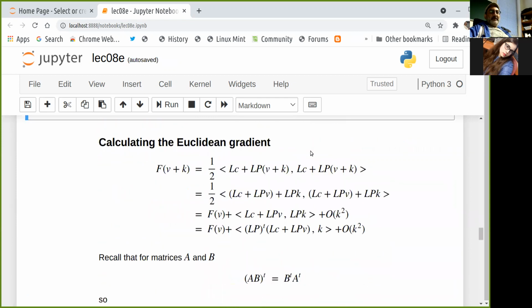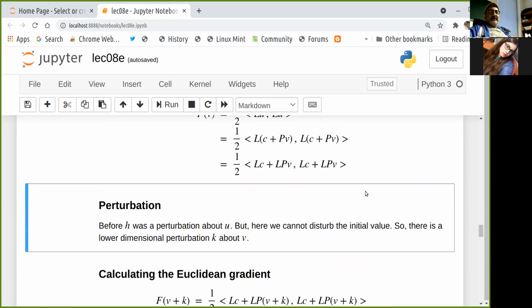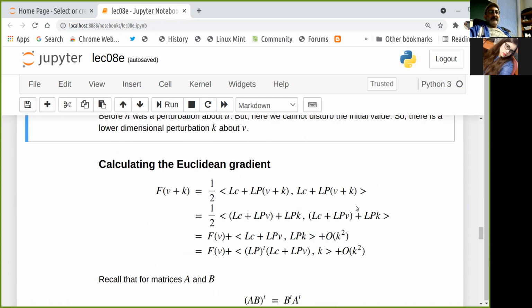So I'm going to have f of v plus k. So I replace v everywhere I had v in this functional by v plus k, and then I'm going to expand out. And then I'm going to do all that business using symmetries and orders of k squared this time.